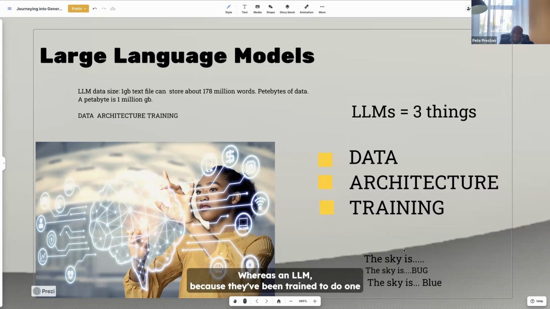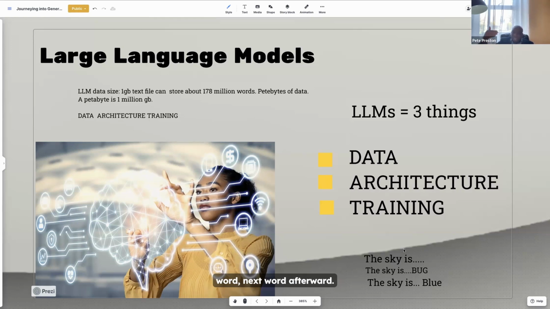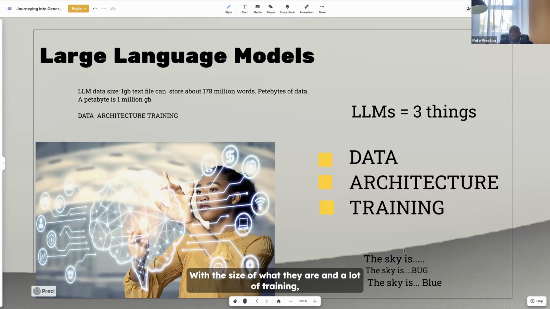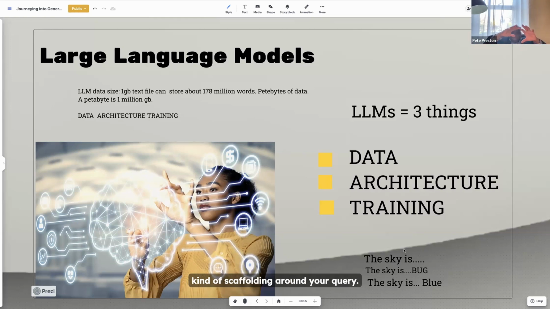Whereas an LLM, because it has been trained to do one word, next word, after word, with the size of what they are and a lot of training, has become really good at putting out a large amount of scaffolding around your query.